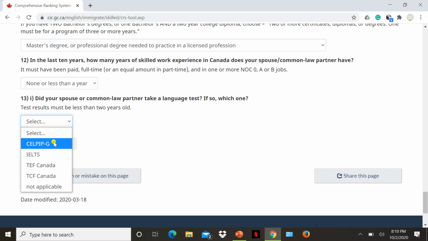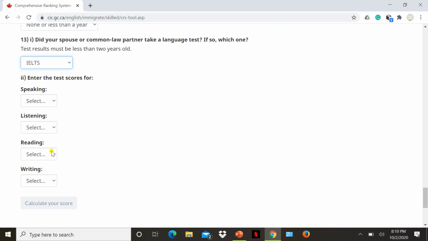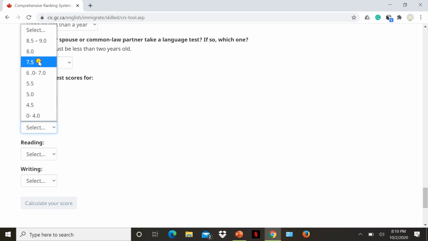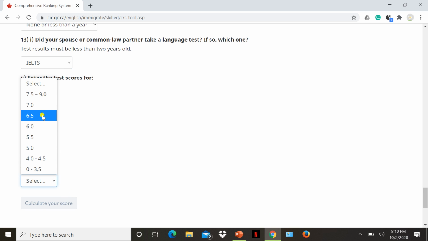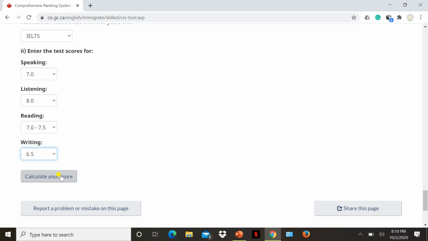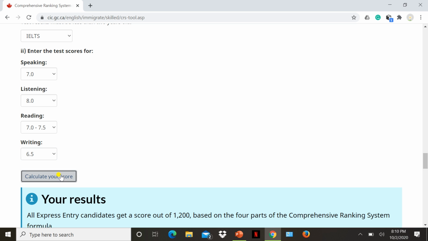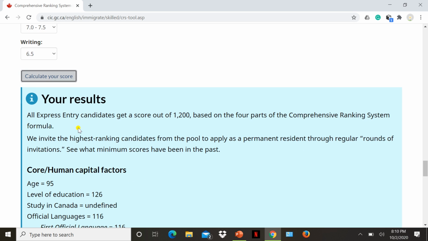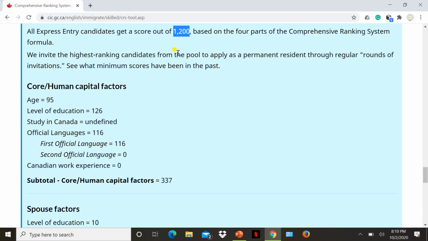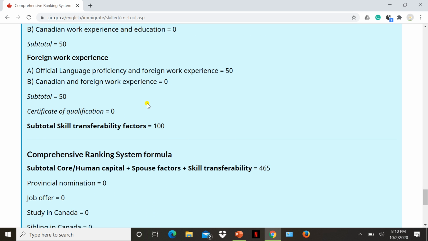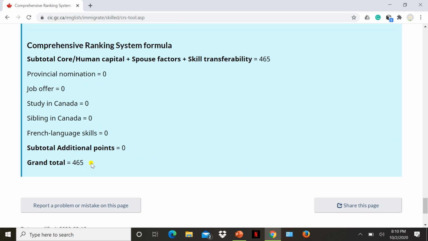In my case, it is IELTS, and the scores are 7, 8, reading 7 and 6.5. Here you have to click on the option to calculate your score. This score is out of 1200, and in my case the score comes out to be 465.